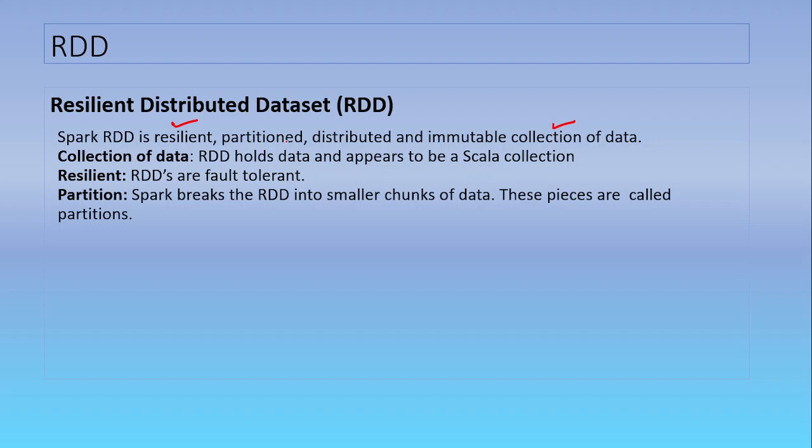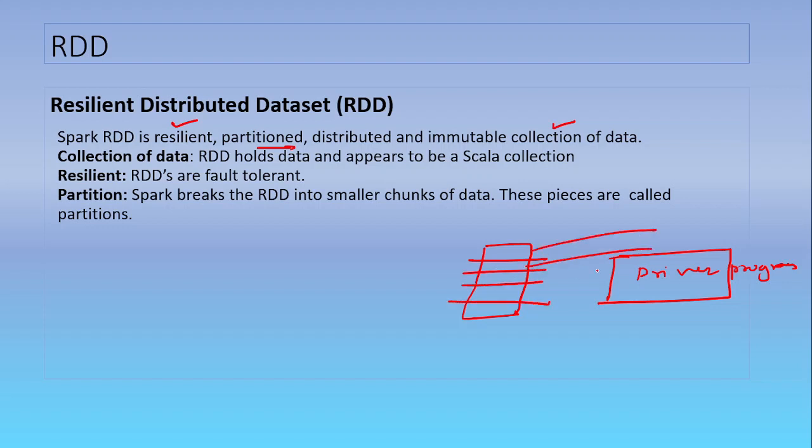Then the next point is partition. If you remember, I have shown you the Spark architecture on the driver node. I told you that the driver program in turn partitions the data and starts distributing it to different cores or different executors. But in detail, inside this driver program there is an RDD, a resilient distributed data set.